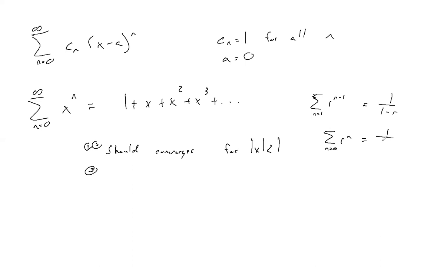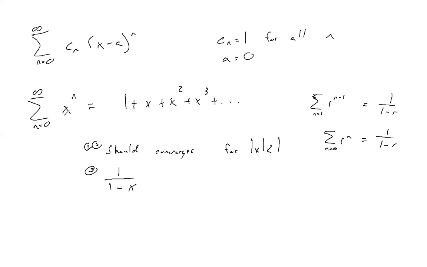The sum is still 1 over 1 minus r. Now let's apply that to my power series over here. If I plug in some x in here, the value of my series should be 1 over 1 minus x. So the value really depends on what x I plug in, right?